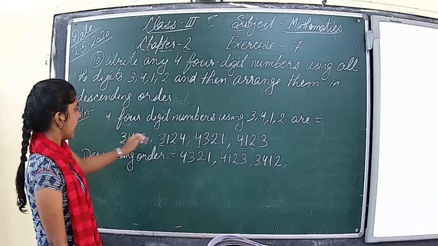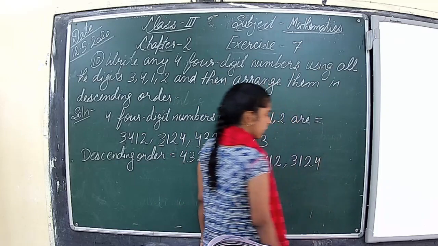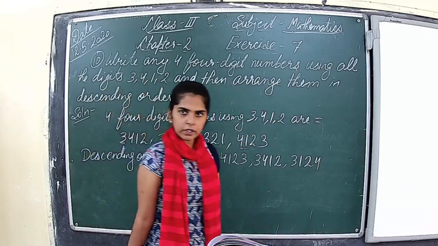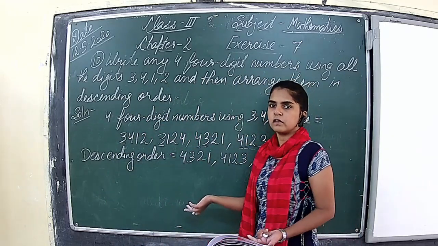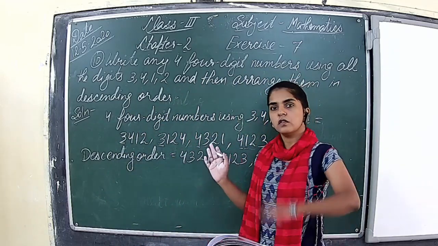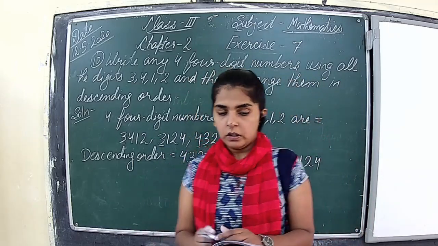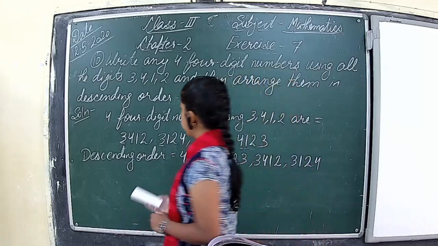Next number will be 3124. This is the required solution. Okay? If you will form another 4-digit numbers, so you will arrange those numbers in descending order. Okay? So let us move towards our next question, question number 11.